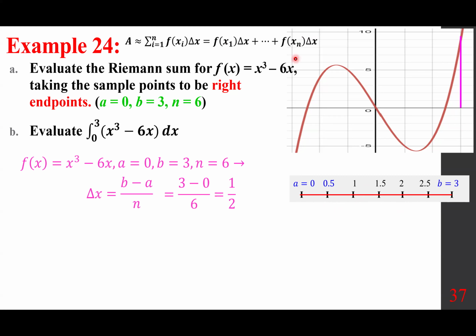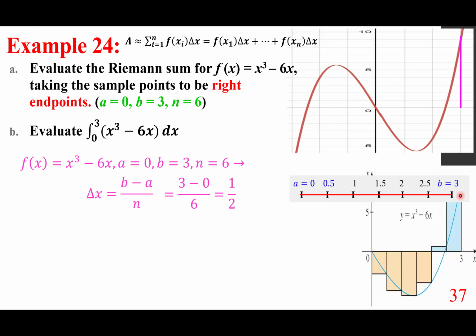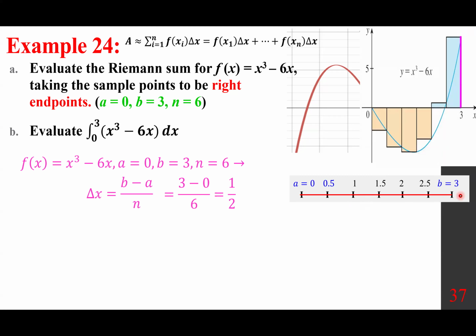f of 1, f of 2, and so forth. So we are going to multiply 1/2 by f of 0.5 plus f of 1, f of 1.5, all the way to 3. And these are the subintervals and therefore rectangles. We are using the right endpoints.